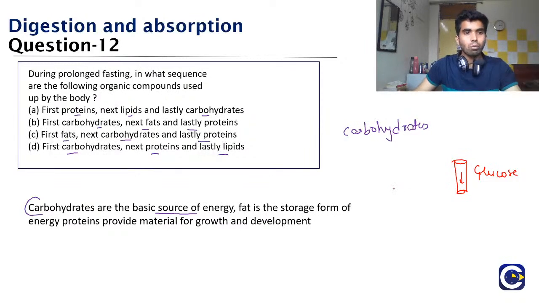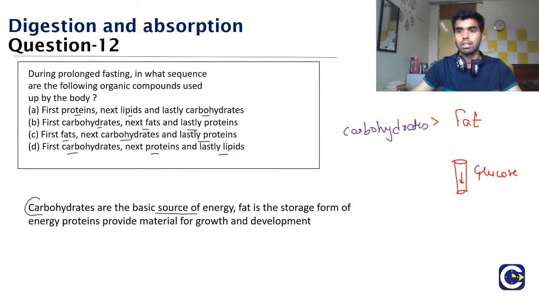So if any cell wants to use energy, the first compound that it will try to utilize is the carbohydrate. If in our body the energy is very much, then it will try to store that energy, and the storage form of energy is fat. And that is why if you eat excess, then you will get fat, because more storage is happening.